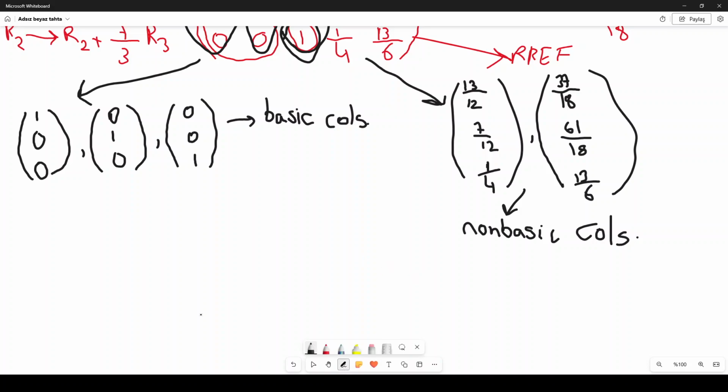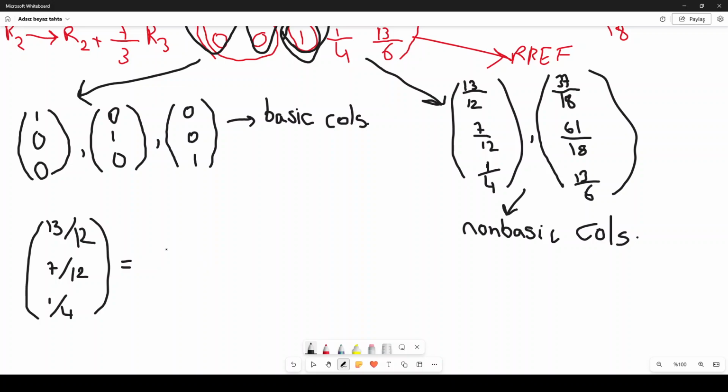What I mean is this: for instance, one of our non-basic columns, 13/12, let's write it in this manner to save space, 7/12, and 1/2. Is it possible to write this non-basic column as a sum, an algebraic sum of the basic columns?